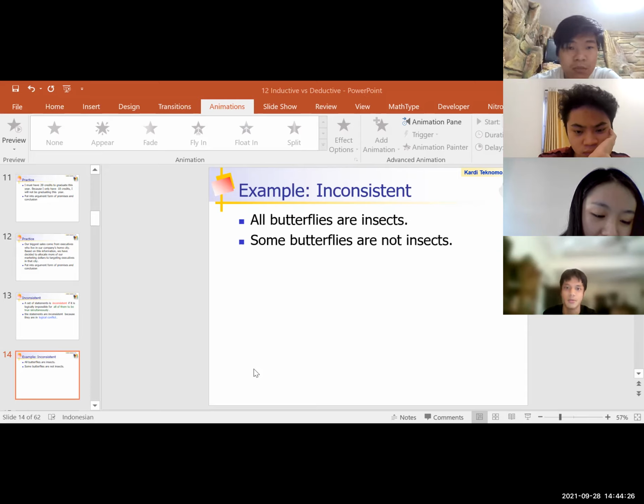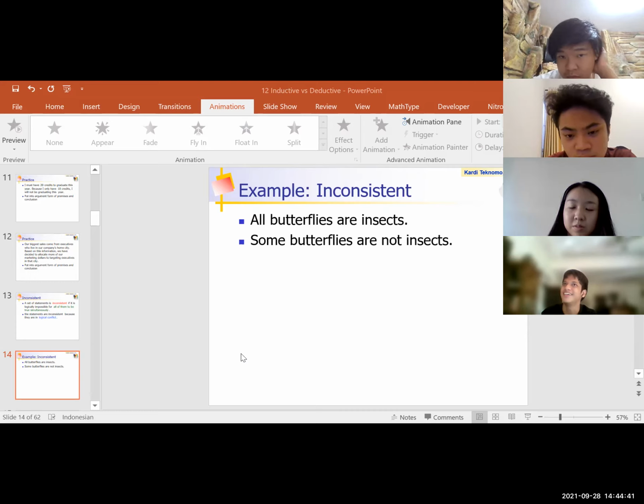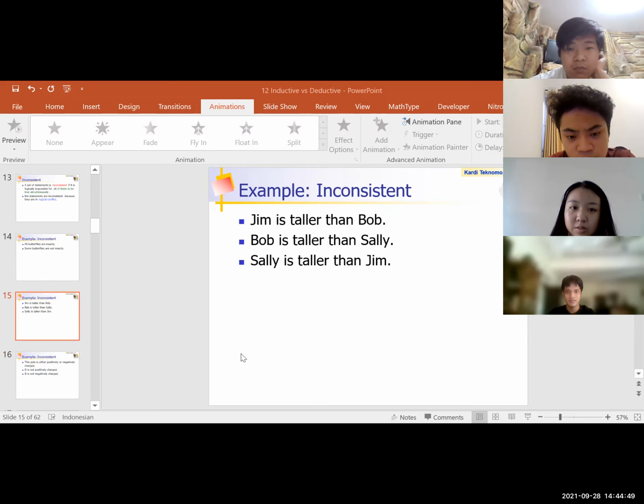In the first one, all butterflies are insects, and the second one is like the contrary. It provides the opposite information from the first one. Correct.